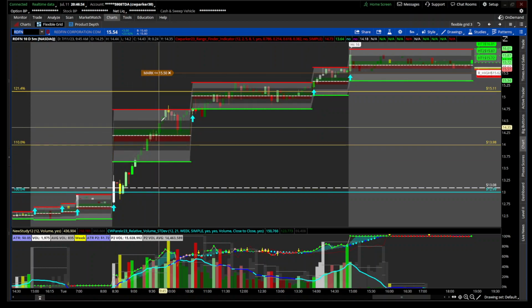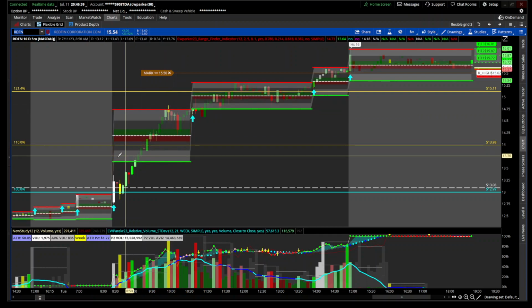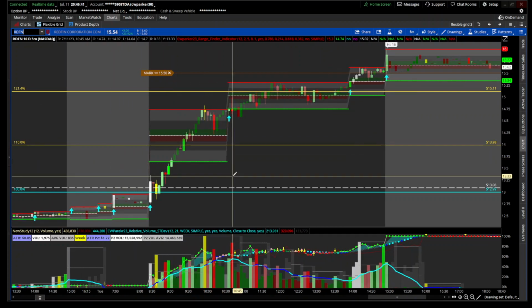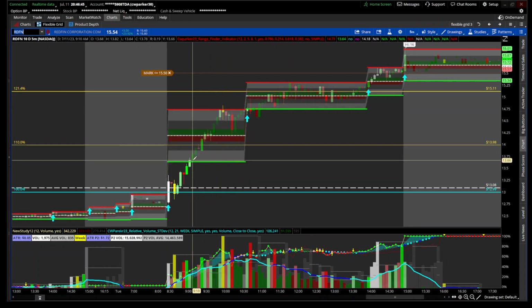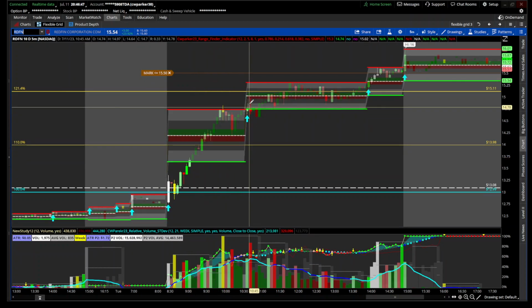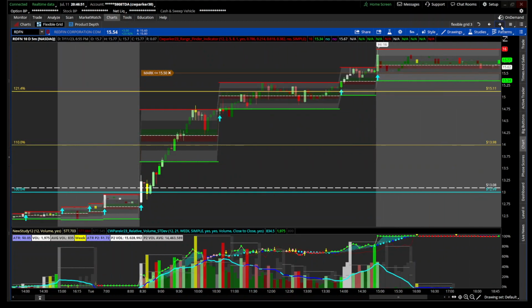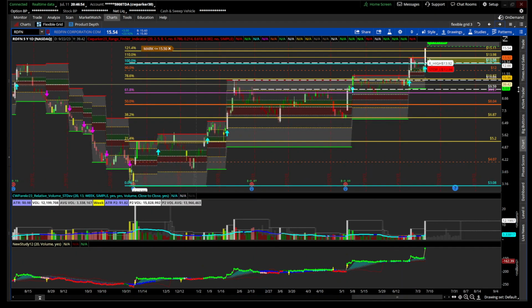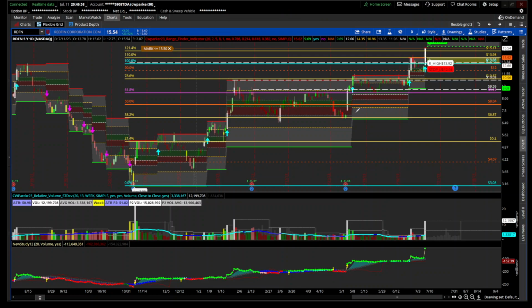Break above, and it ran and it used this low. I don't understand why it's using this low, but it did use this low right here, and it broke above this range. So, we can go look at it on the daily. And let's get rid of these drawings.